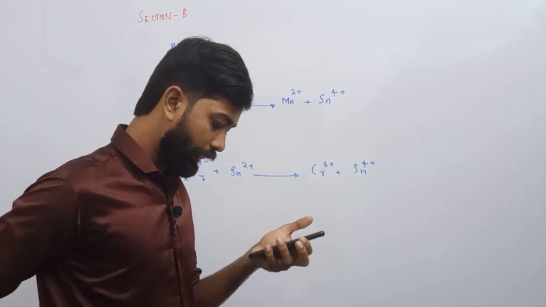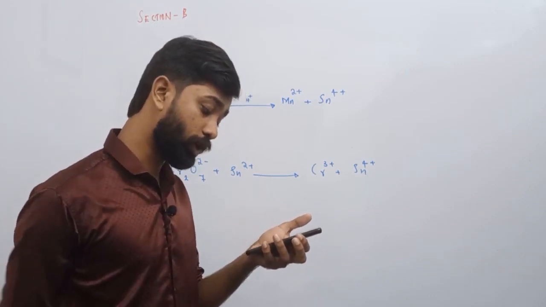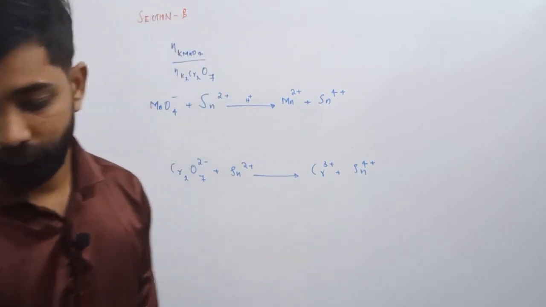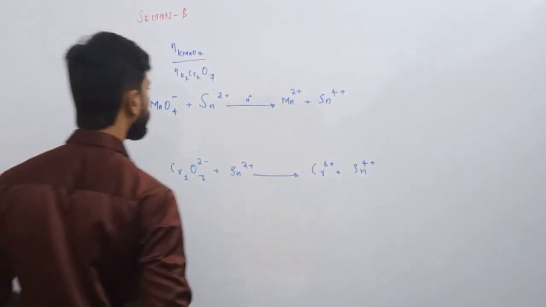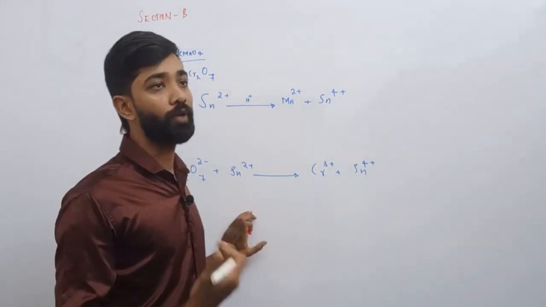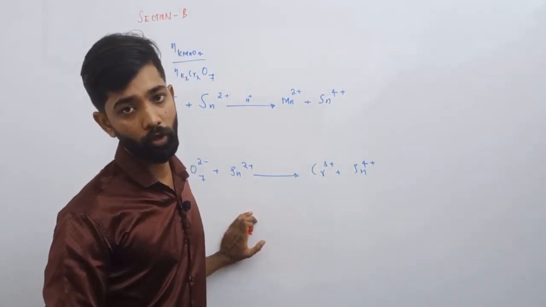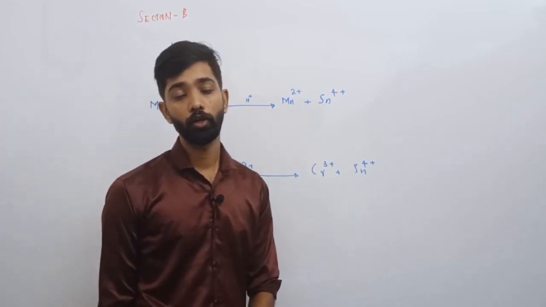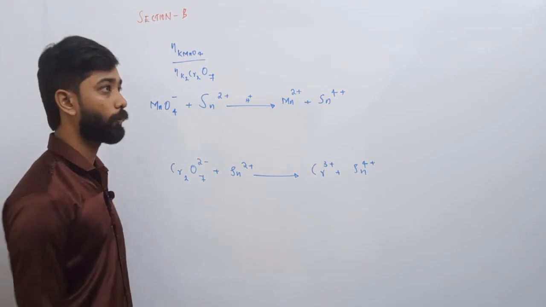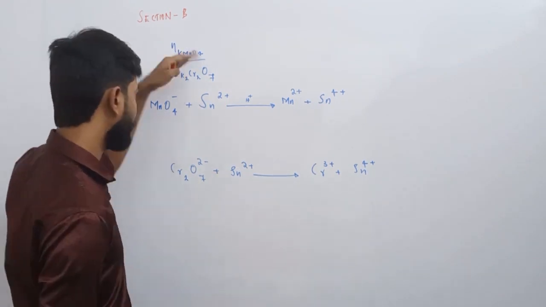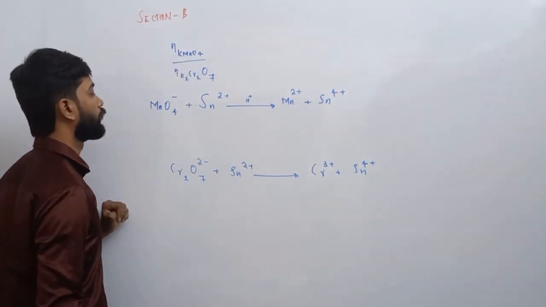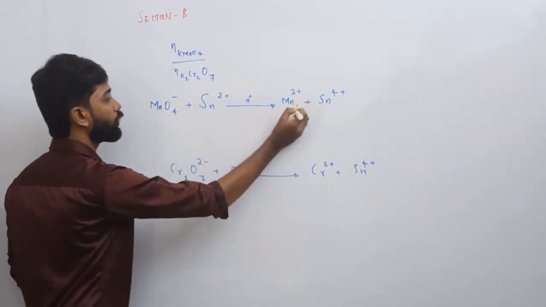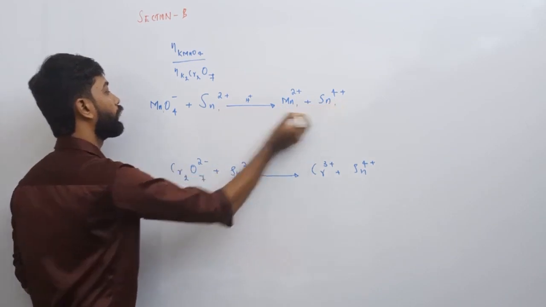The ratio of number of moles of KMnO4 and K2Cr2O7 required to oxidize 0.1 mole of Sn2+. First, find the number of moles of KMnO4 required for 0.1 mole of Sn2+, and find the number of moles of K2Cr2O7 required for the oxidation of 0.1 mole of Sn2+. Then you simply take the ratio. Balancing this, here one manganese, one manganese, one tin.